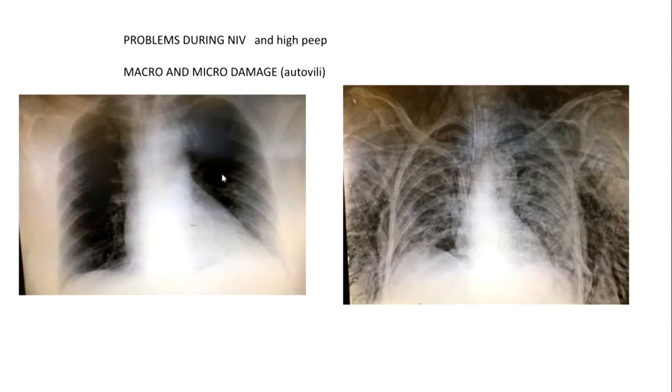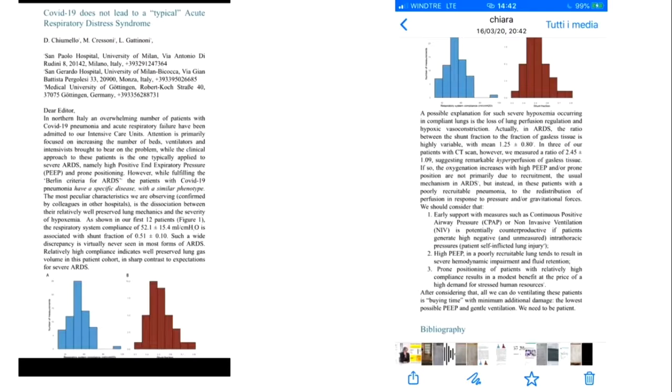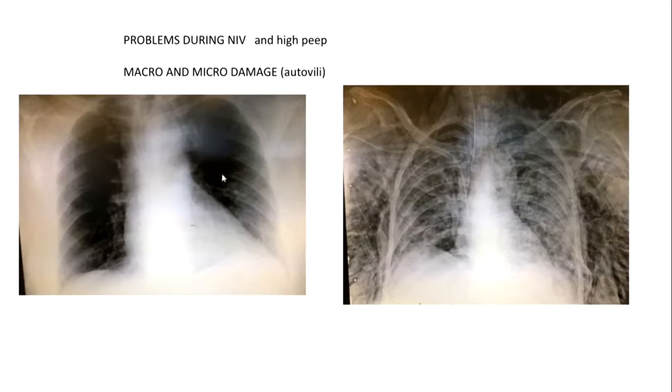So maybe, as suggested by many important authors in Italy, we have to prevent the secondary damage of the lung induced by PEEP or pressure support.